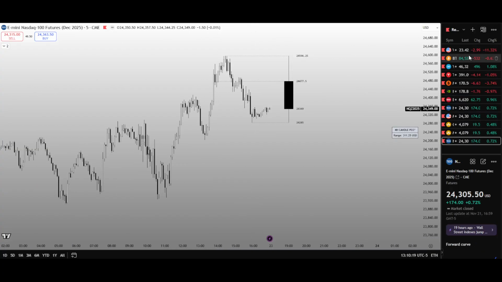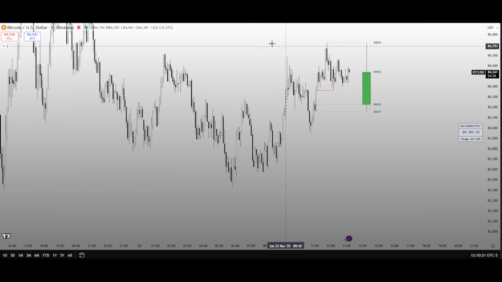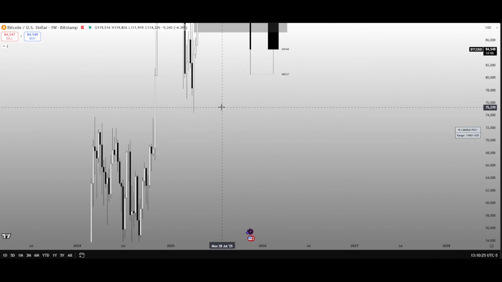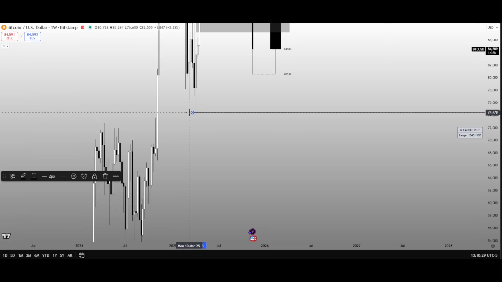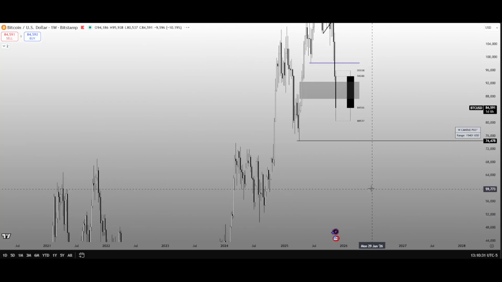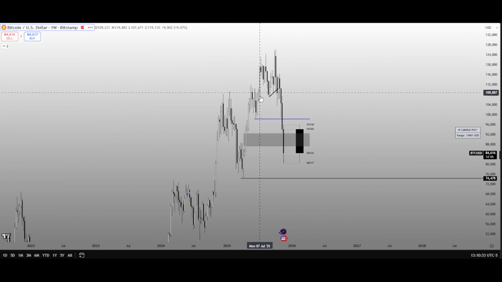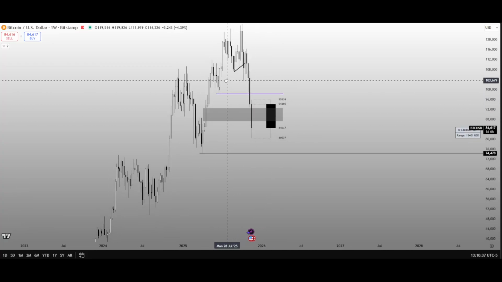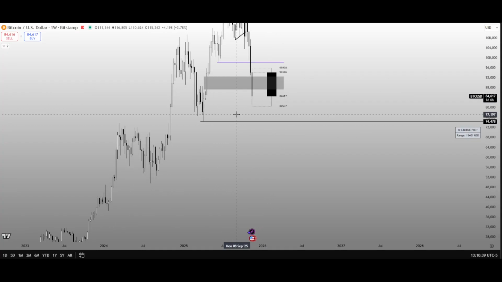Look at Bitcoin. Bitcoin's going to 75K. I already said that. This is so obvious. This low. This weekly low. Weekly inversion. Weekly breaker. Weekly CISD. This probably gets hit.